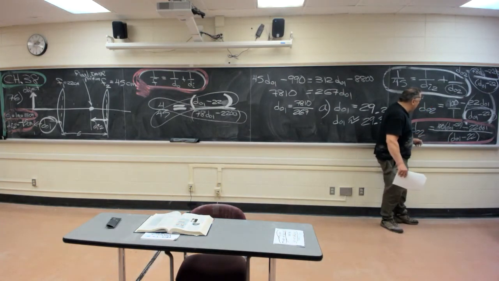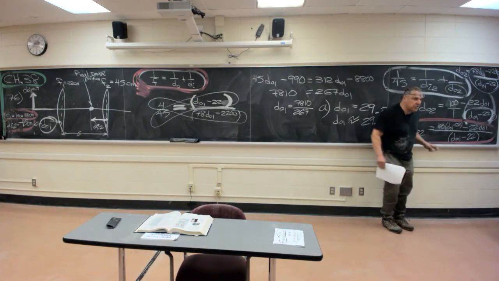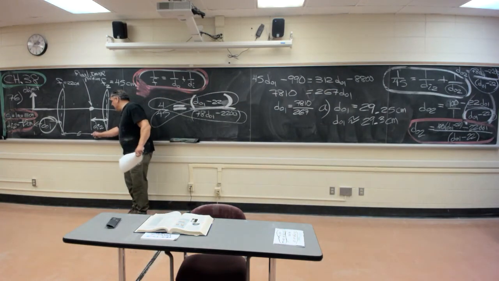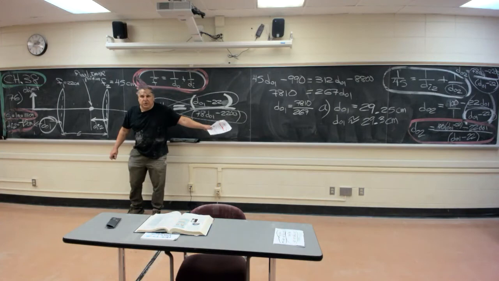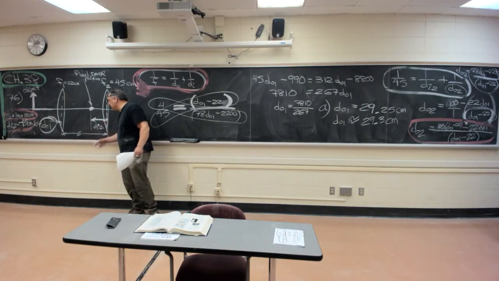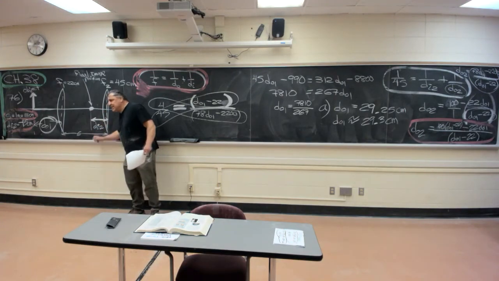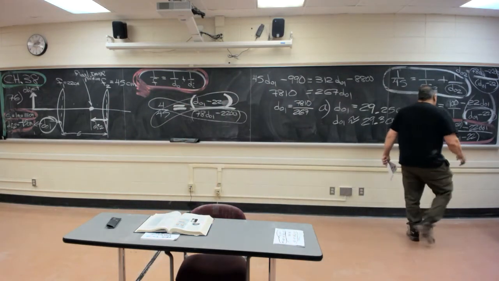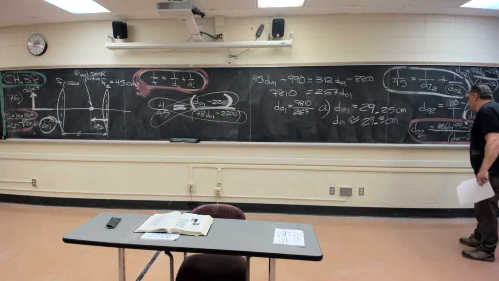You had to put in for D02, for the second object, which is a pseudo-object, the D02 would result in an image, Di2. Well, you didn't really know what D02 was, but now you do.